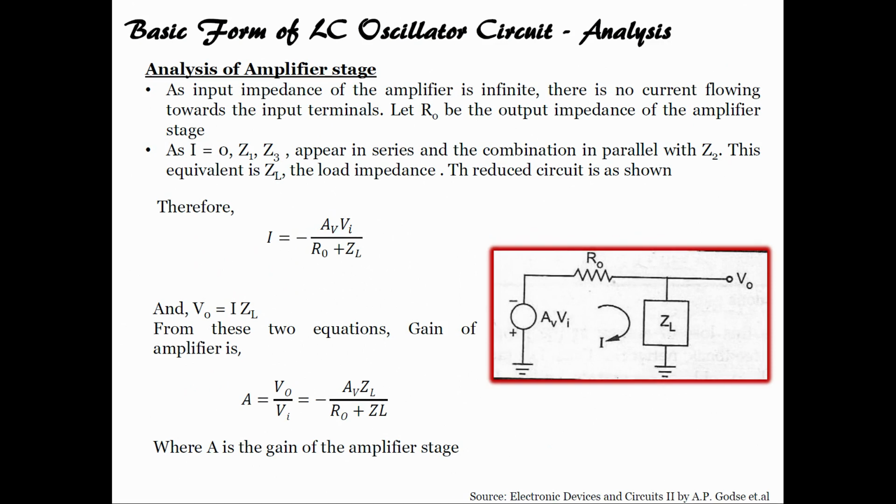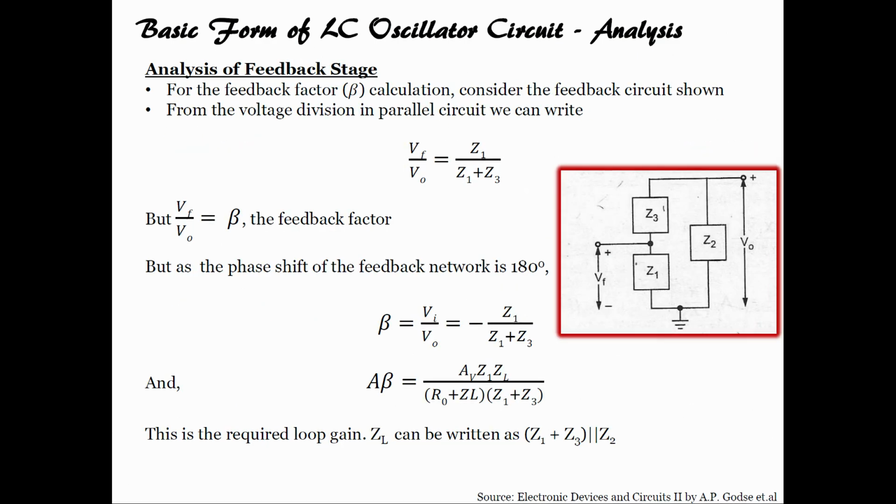what we get is that I equals minus AV Vi upon RO plus ZL, as you can see from here. Using the equation, the gain of the amplifier Vo by Vi equals AV ZL upon RO plus ZL, where A is the gain of the amplifier stage. Further, when we analyze, we get beta equals Vi by Vo, and that will be nothing but Z1 upon Z1 plus Z3 with a minus sign, that is the 180 degree phase shift.